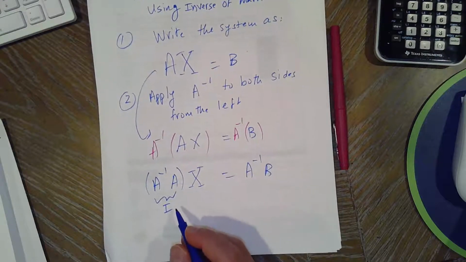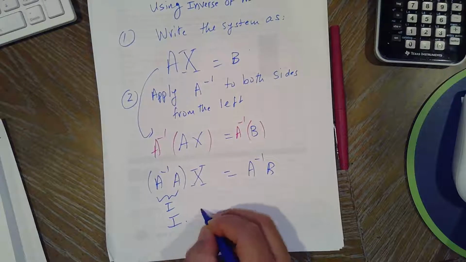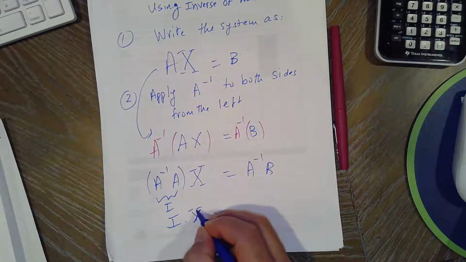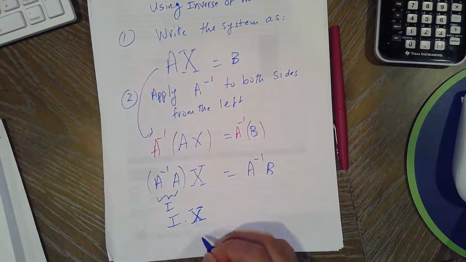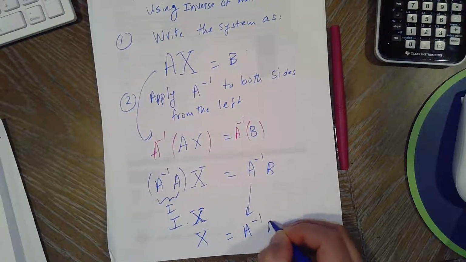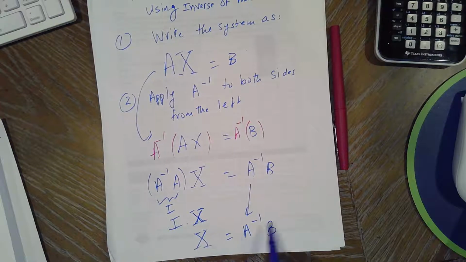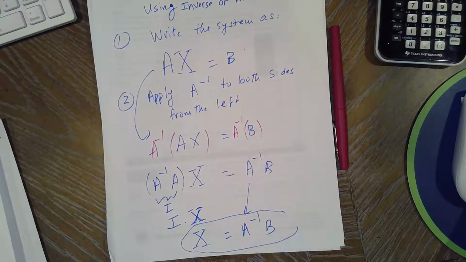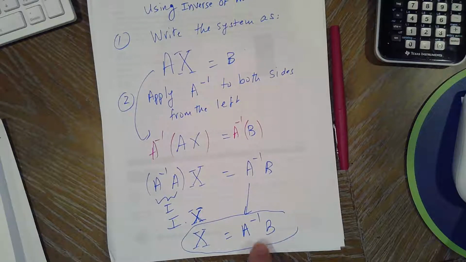Remember, any matrix times its inverse is the identity. And we also saw that any matrix times the identity is just the matrix itself, so X equals A inverse B. So to find x, y, and z, or x, y, you take the inverse of the coefficient matrix times the constant matrix.